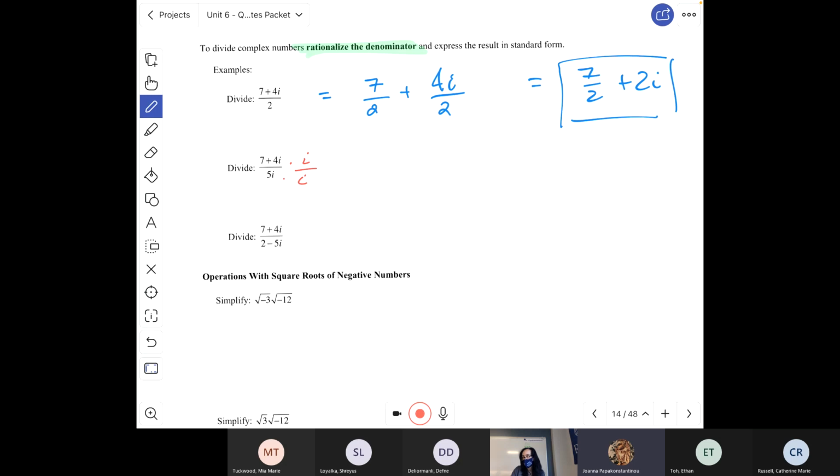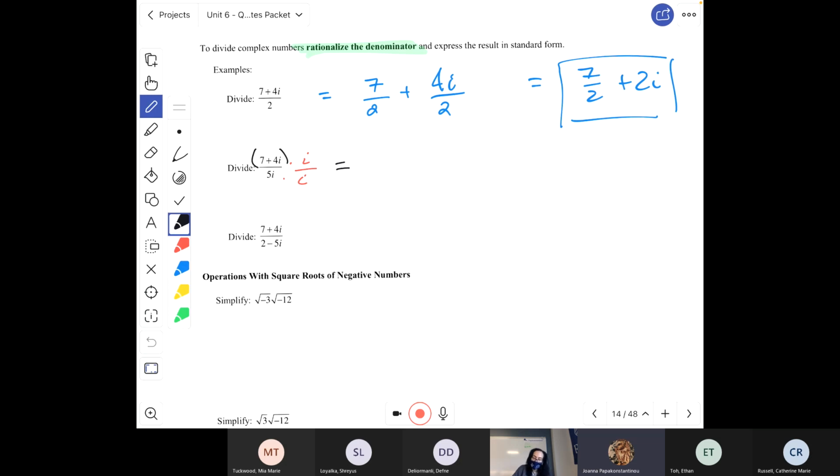I really just want to get rid of an i. Could you multiply by something larger like 5i or -5i? Absolutely. But then you're going to have to simplify the fraction as you go along. Okay? So we have to be clever about what we choose. There's not just one way to do it, but there's an easiest way to do it.